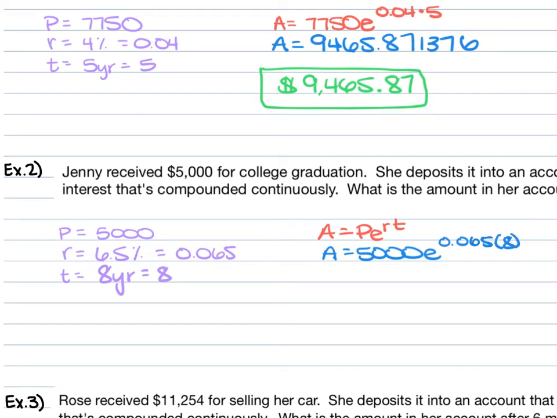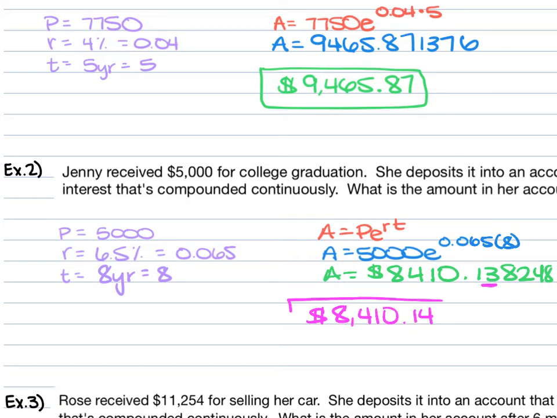So in our calculator, we are going to do 5,000 times E to the power of 0.065 times 8, and we get 8,410.138248. So if we round this to the nearest hundredth, this is going to be $8,410.14.